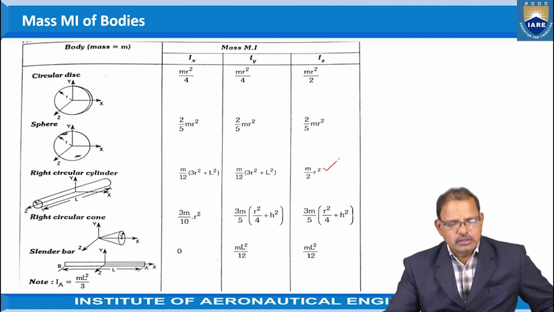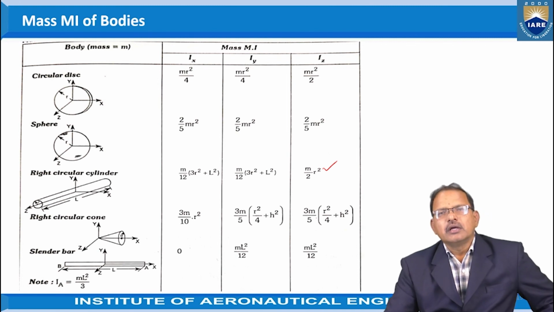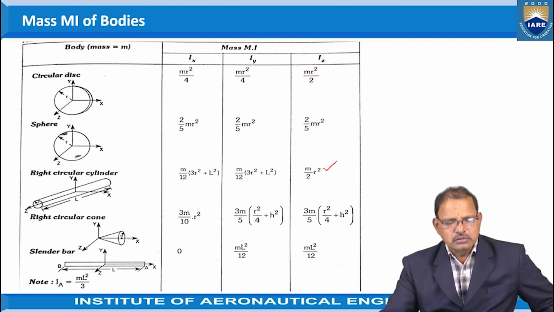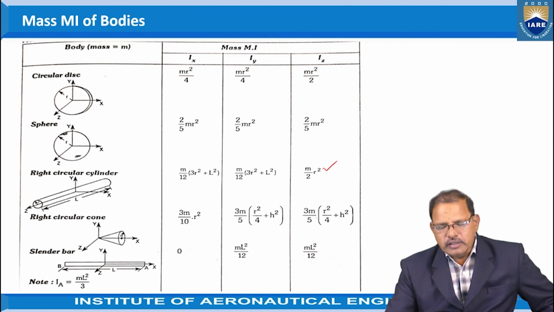Now, for the right circular cone, Ix is equal to 3 by 10 into mr square. Iy is equal to 3 by 5 m into r square by 4 plus h square. Similarly, Izz is equal to 3 by 5 m into r square by 4 plus h square.